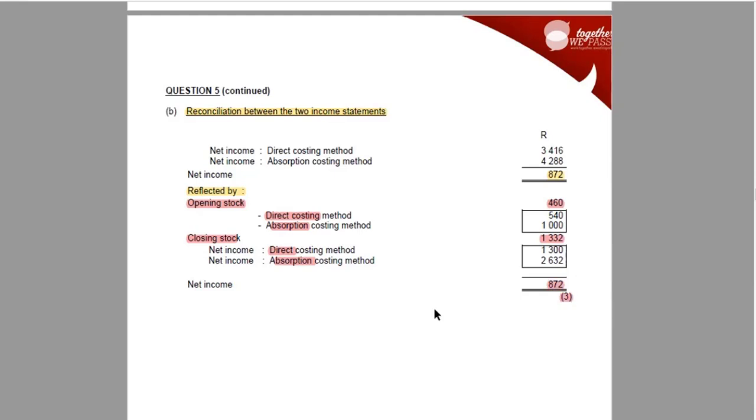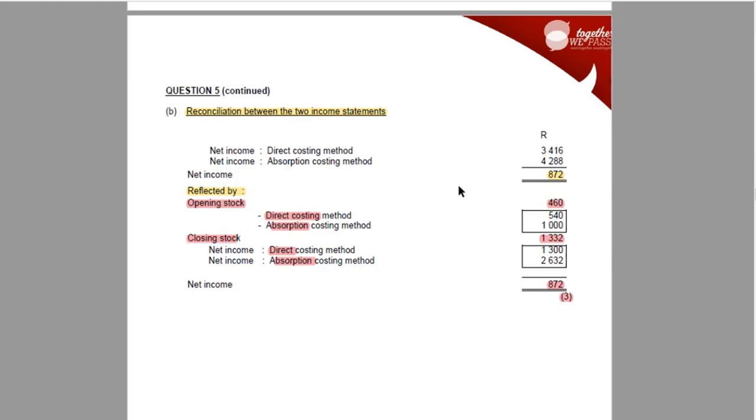Because what we're saying is that absorption costing takes into account both variable and fixed production costs, while direct costing method only takes into account variable production cost. So the reason why my net income under these two methods would be different is when I have my opening and closing stock. So those would be your reconciling items.